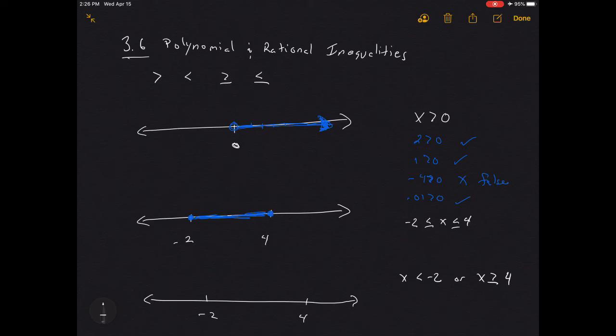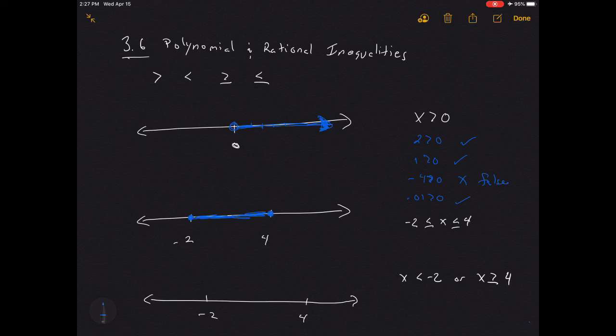Now, there is no way that both of those things can happen at the same time. I cannot have a number which is less than -2 that's also bigger than 4. There's no overlap there. That doesn't make any sense, because if I pick -3, well, that's definitely not bigger than 4. But what it says is I only need to have one or the other be true. So I still have to show all of the region where either of those things is true.